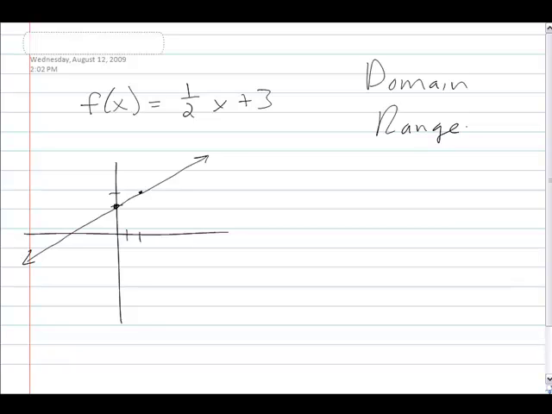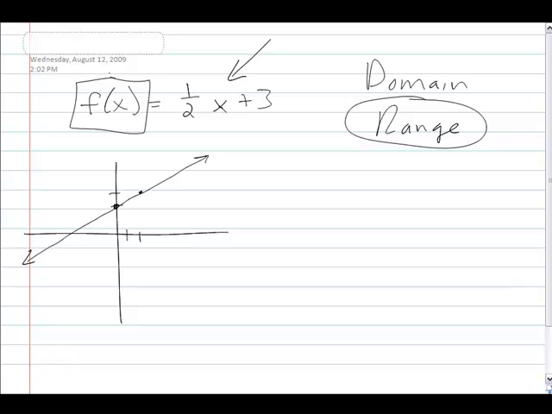Now we need to go over what's called the domain and range of a function. The domain is the set of first components, or the set of inputs. Don't confuse it with the range, but the domain is the set of all the possible inputs. So you have to ask yourself, is there a value that you can plug in for x where you will not get an output of f of x?